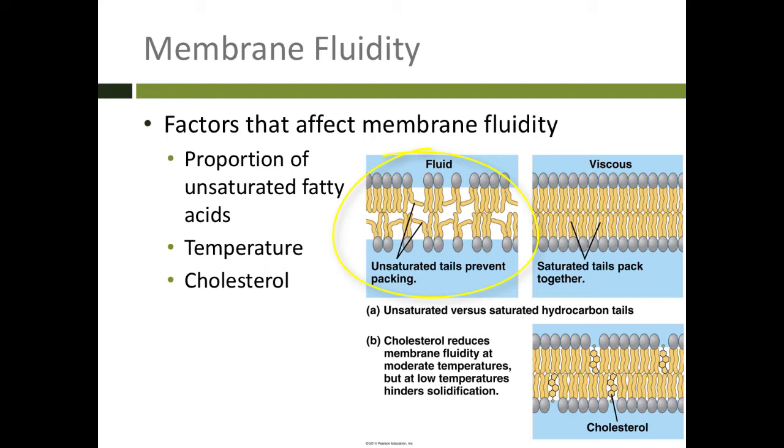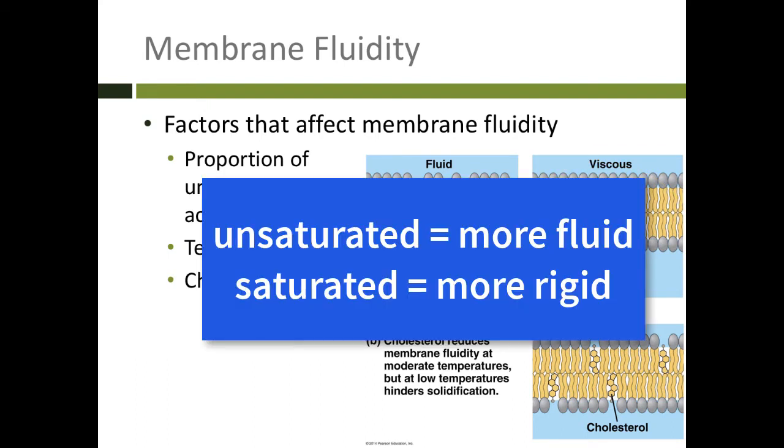That kink allows the phospholipids to not be quite as close to one another, which means there's more room for them to move through the bilayer. However, when you have lots of saturated tails, the phospholipids tend to pack very closely together and make the plasma membrane much more rigid and viscous.